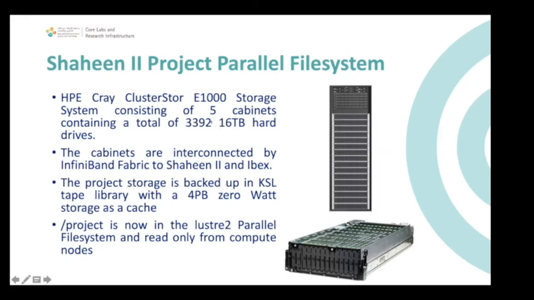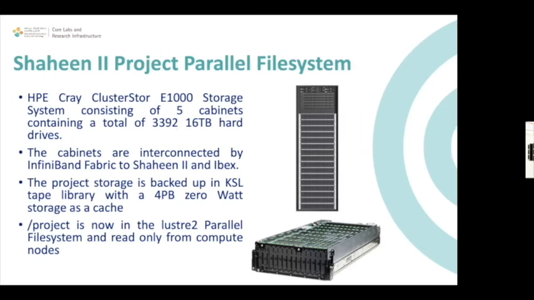So it's roughly half the number of drives, but you have 4 times the capacity. That's doubling the performance in half the space. Again, this is connected through the InfiniBand fabric, through HDR to Ibex and FDR to Shaheen 2.